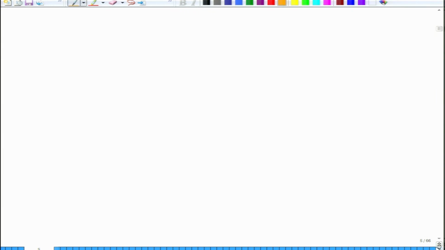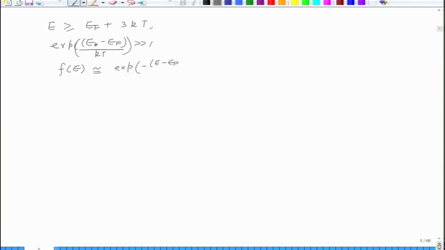Another observation that you make is, when E is greater than or equal to Ef plus 3 kT, then exponential of E minus Ef divided by kT is much larger than 1, and Fe is generally given as exponential of minus E minus Ef divided by kT.